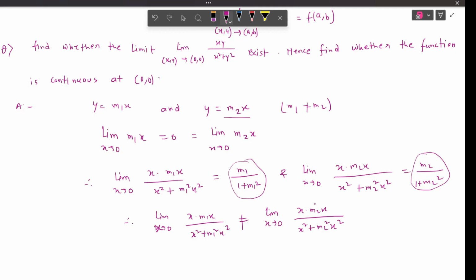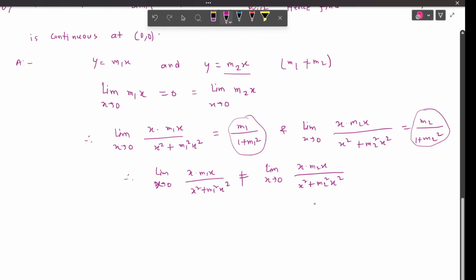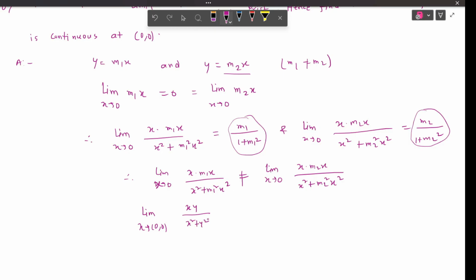So this means that limit x tends to 0 comma 0, which is xy by x square plus y square, does not exist.